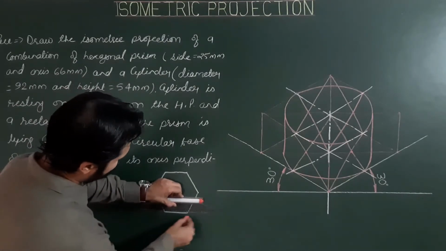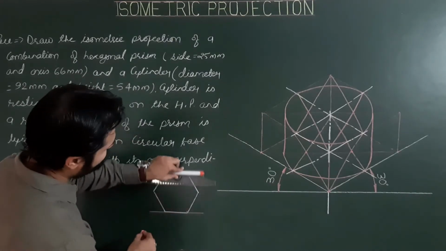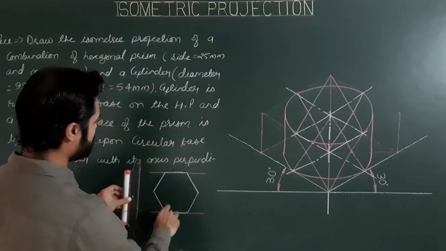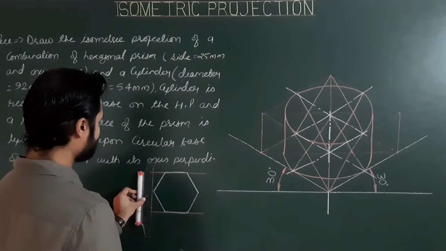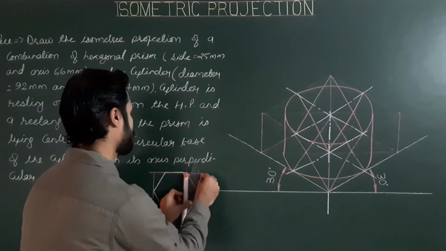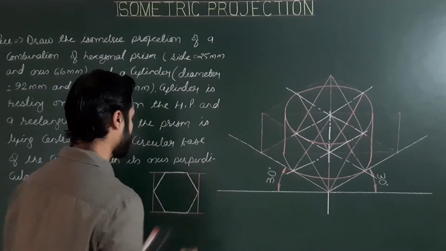This is my reference side. So drawing a line parallel to the first side from these two end limits of these two sides, and then perpendicular from the remaining corners.